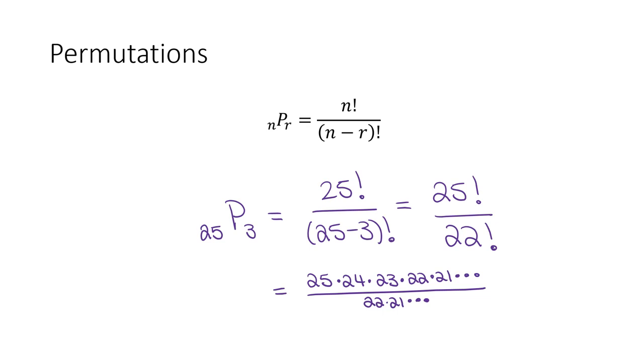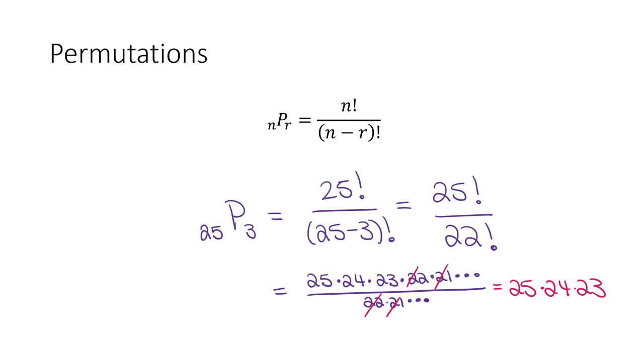So 25 factorial, again, means we're taking 25 times 24 times 23, etc., all the way down to 1. And 22 factorial means we're doing 22 times 21 times 20, etc. And so notice what we can do here. We can actually cancel the common factors, the 22, 21, 20, 19, etc., all the way down to 1.